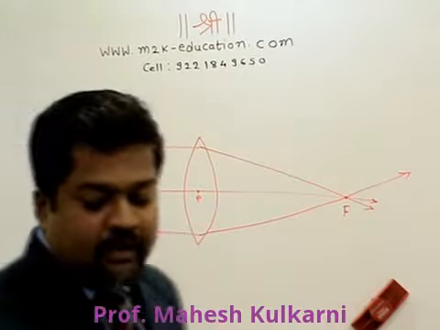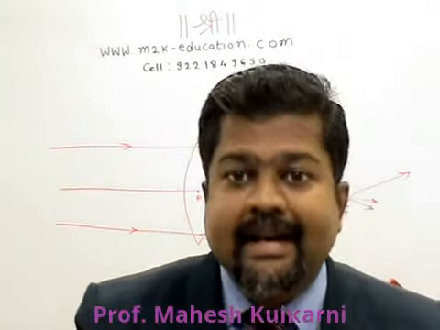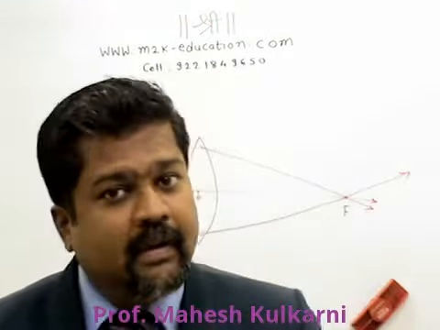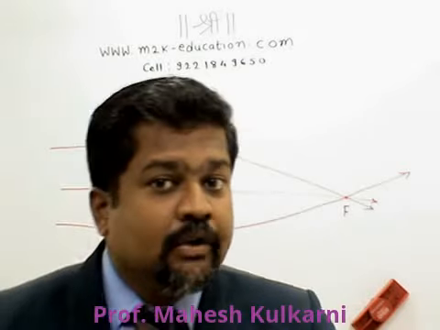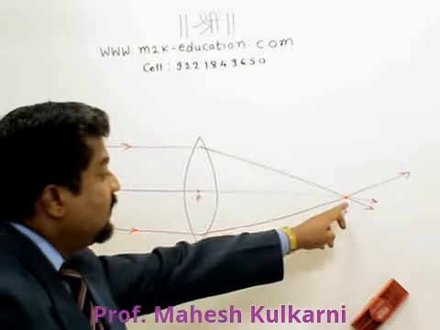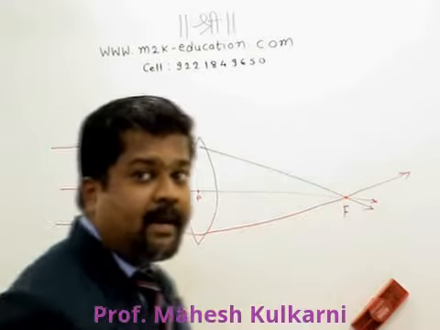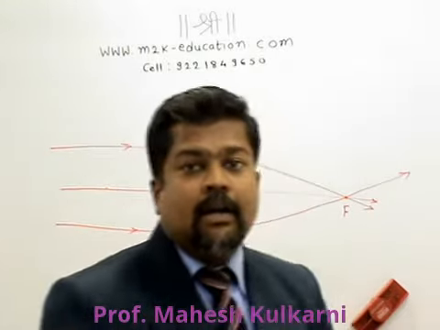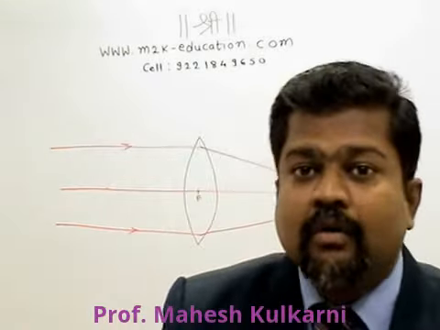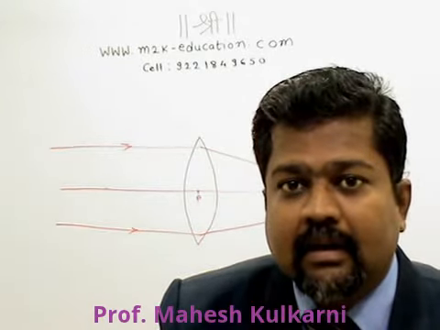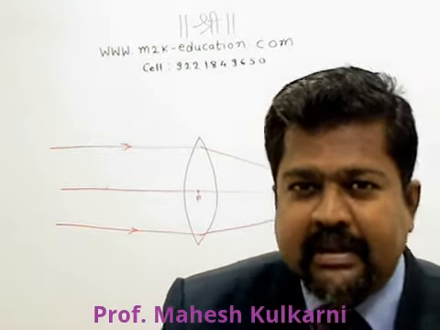Now, we are discussing only whatever is required, not exactly the entire properties of the lens. So here I am getting the focus, which is the most important part of a lens. You must have played with it if you have a convex lens. It is available in the market, even in stationery shops.